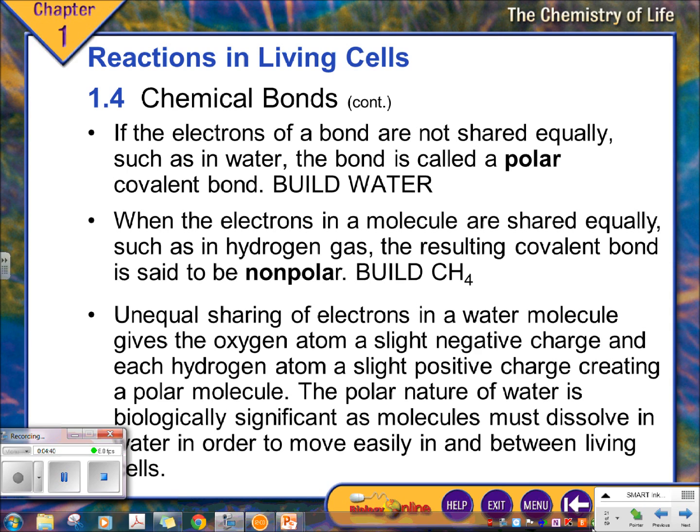Your nonpolar molecules are mostly fuels. Methane's a gas. Actually, this is what you guys fart all the time, methane gas. And as we start making bigger molecules, you'll see lots of bonds, because carbon likes to bond to four things. So it holds a lot of chemical energy because of those bonds.